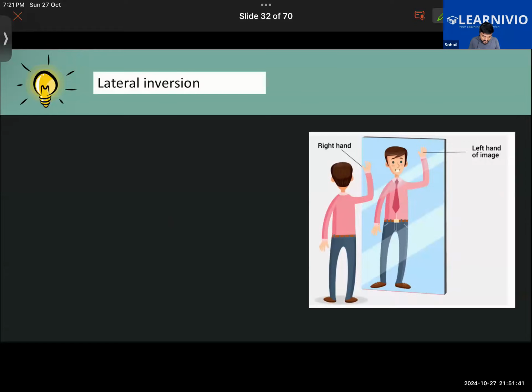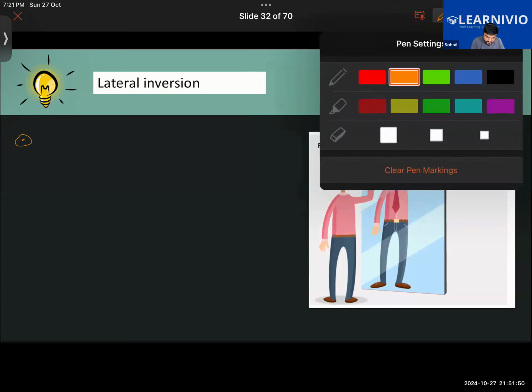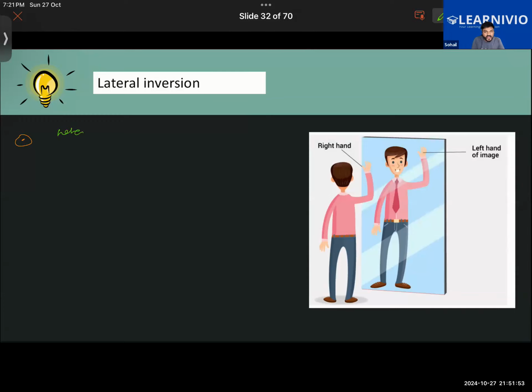Now there is also one important property. Let me write down an important note for this, otherwise it will be missed. It says that when an image is formed in a mirror, the left side of the object appears at the right side and vice versa.